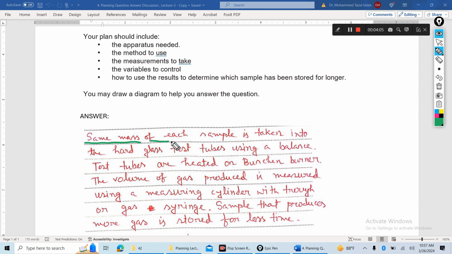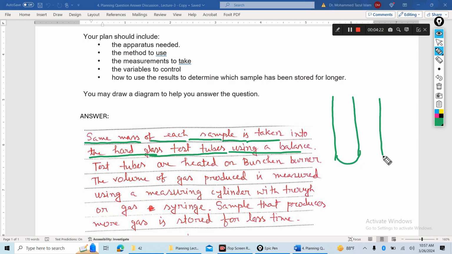Same mass of each sample is taken into a hard glass test tube using a balance. You will get two hard glass test tubes or boiling tubes.